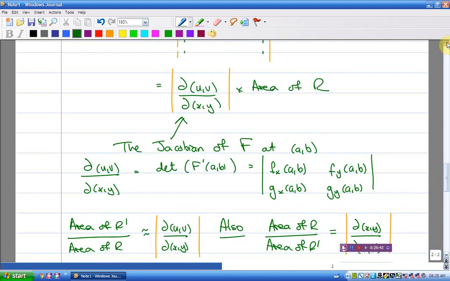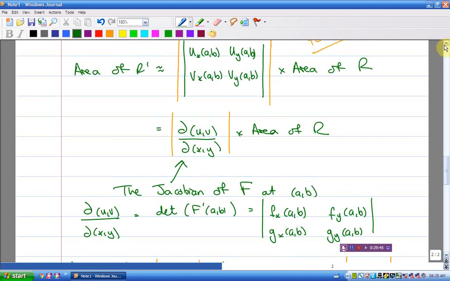Where you said the Jacobian of F and AB, are you pointing at just the absolute values or the whole thing? Just that part there, the green part, not the orange part. The Jacobian is a determinant. Determinants can be negative. Jacobians can be negative. We then impose absolute values if the use to which we are putting the Jacobian is transformation of areas.